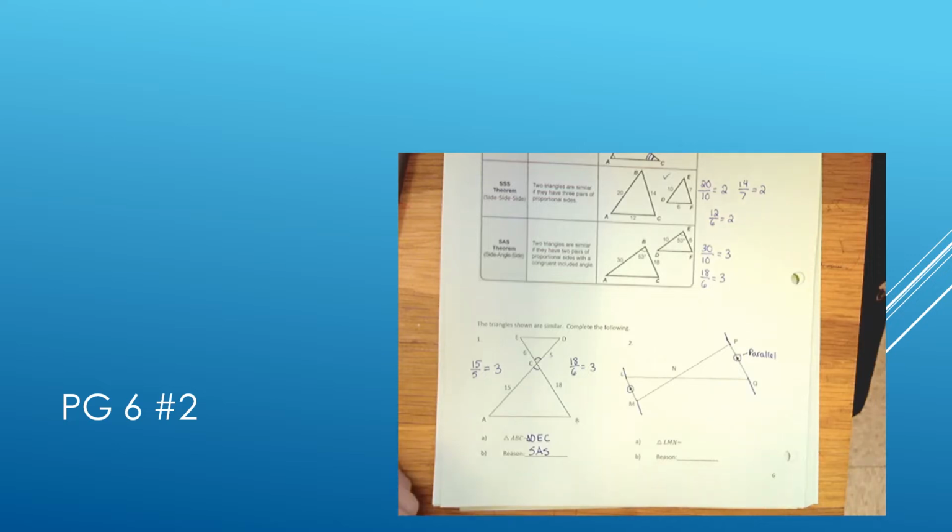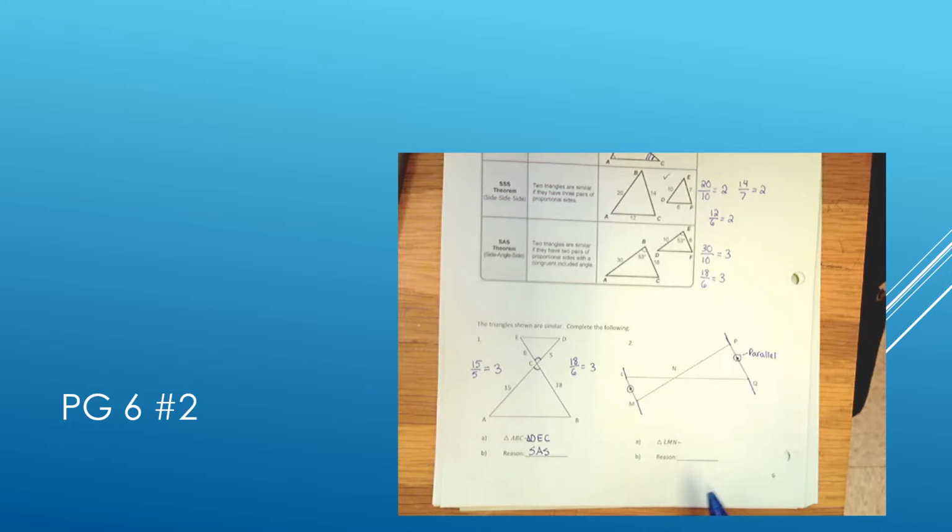Another thing I'm noticing in this one is that they don't give us any side values. So since there's no side values, I know I'm not going to be using side, side, side. And I know I'm not going to use side, angle, side. So the only one that we could potentially use is the angle, angle postulate.